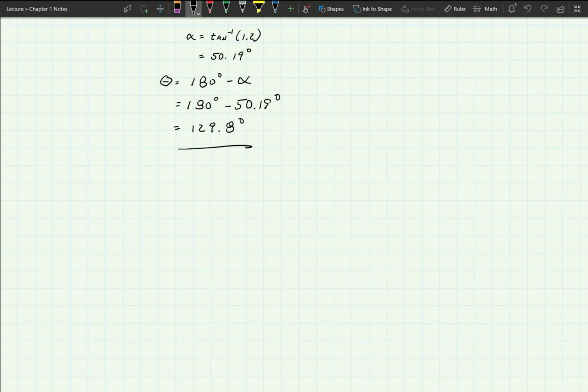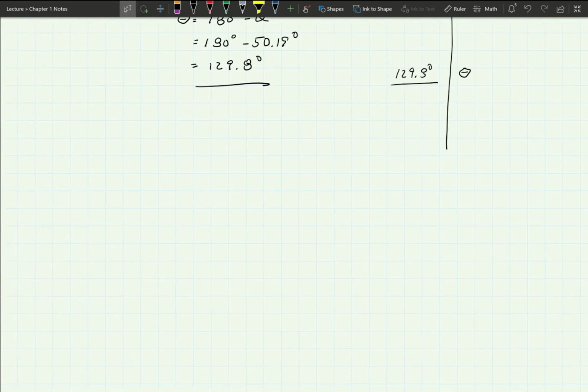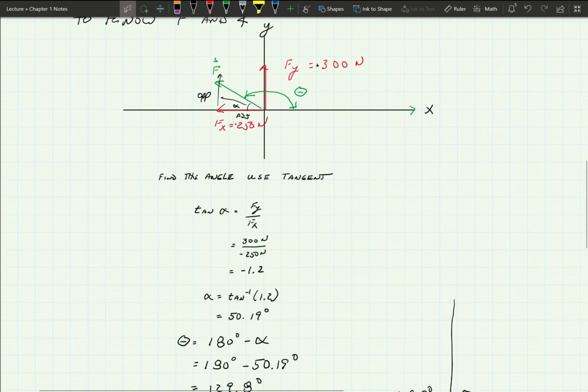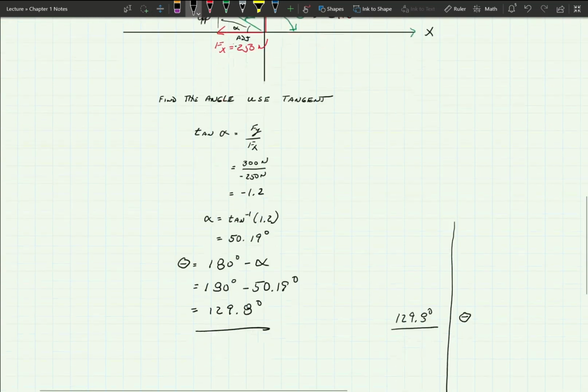If we're working on comp paper, we will have a bar out here to the right, and what we do is 129.8 degrees, underline it, and put over in this side of the page theta, and that will give us a quick reference to that. And I may do a video on that one of these days just to show you how things are going. All right, so what's left is we know theta is now, oops, not 180 degrees, 129.8 degrees. Let's find what F is and get that defined.